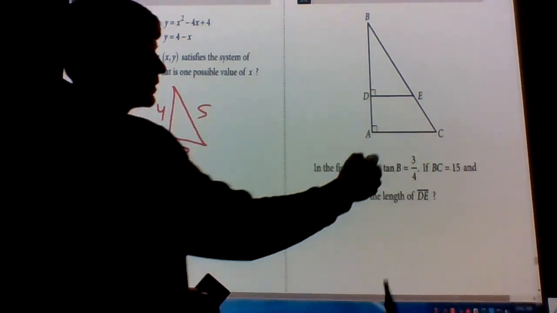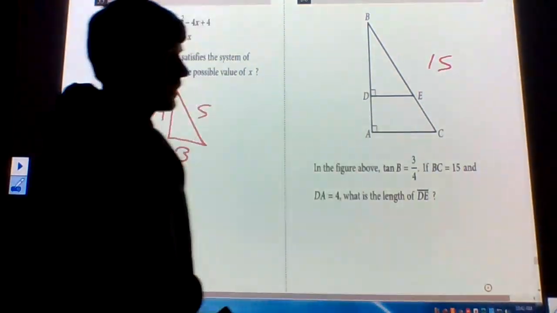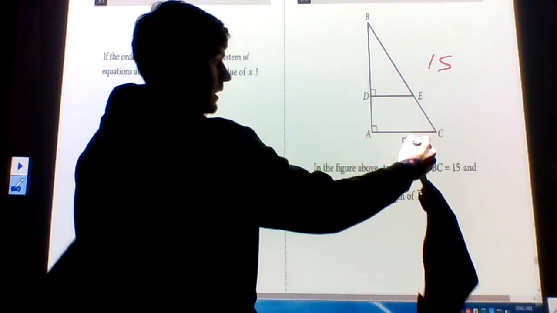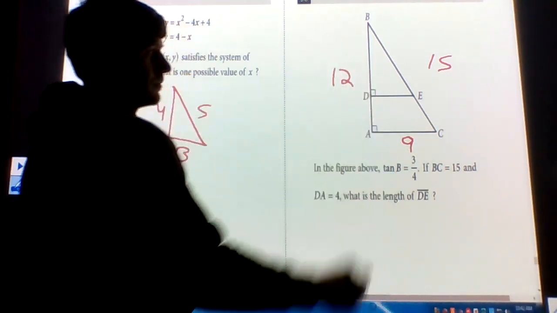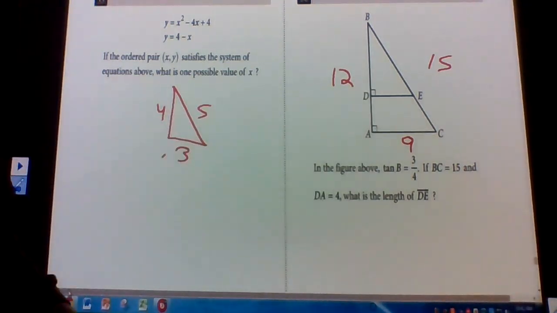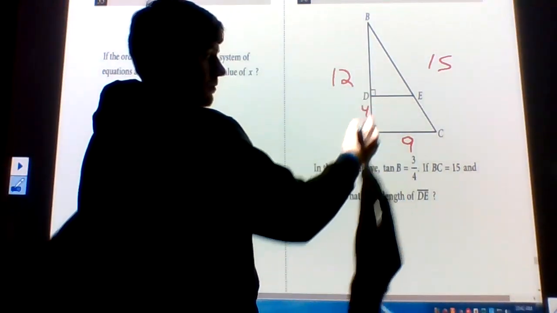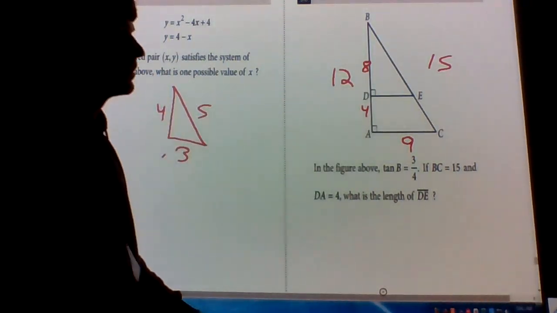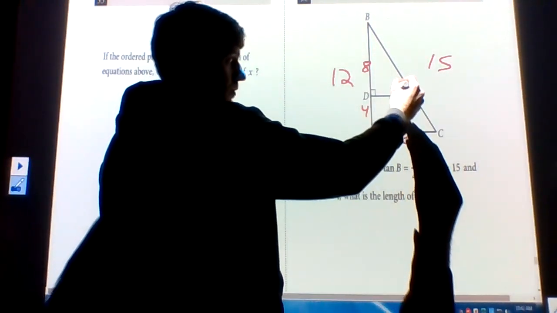So if this side is 15, that means this side has to be 9 and this side has to be 12, because the ratios need to match up, 3 to 4 to 5. Then if this is 4, that makes this piece right here 8. So again, the sides have to be 3 to 4 to 5.